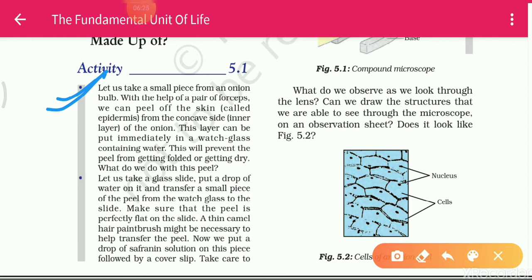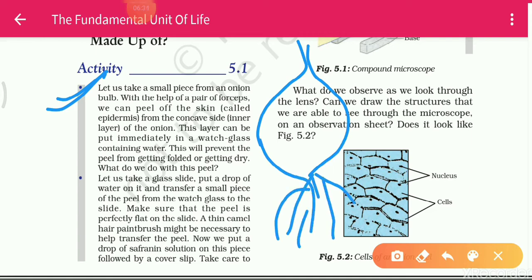They want to say, take the peel of an onion. Okay, this is the onion. When we remove the outer layer of the onion, then you will take a thin slice, a white colored layer that is present on the inner side of the onion.